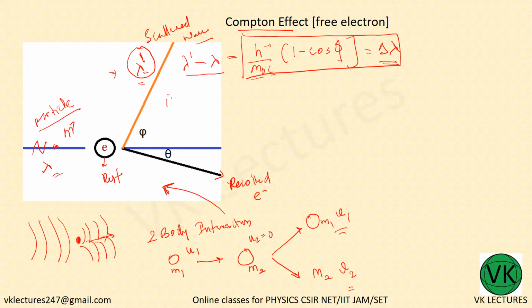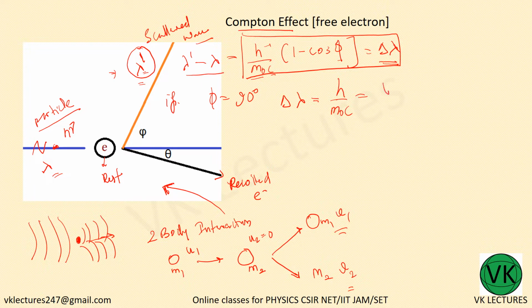Now if phi is equal to 90 degrees, this cos phi term would become 0. Then delta lambda is equal to h by m naught c, right?